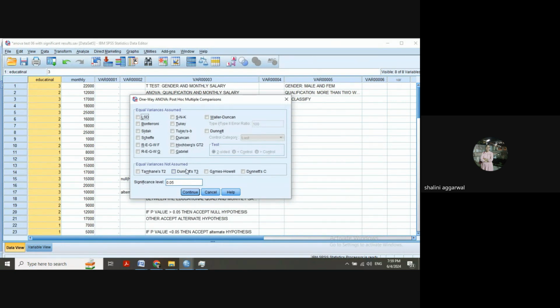But now it is greater than 0.05, so we will select equal variance assumed, and we'll select Tukey test and then continue.